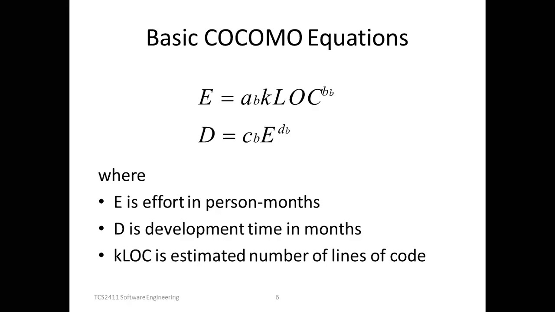Suppose I am developing some project and it has 32 KLOC. So it will be 32. a_b and b_b are already given.